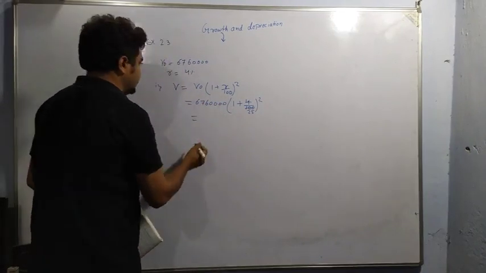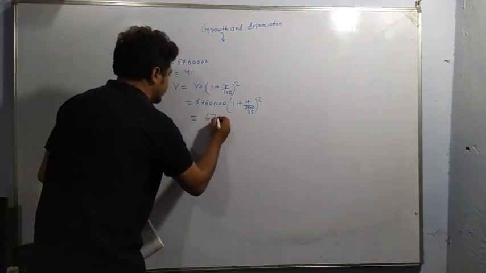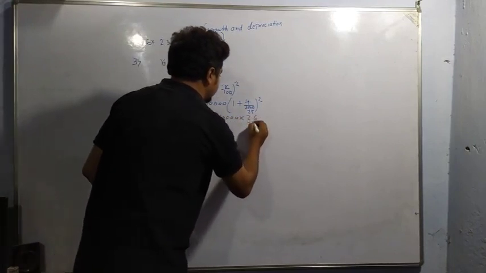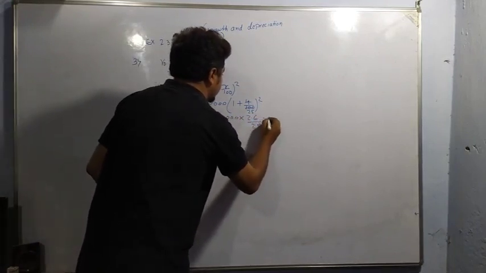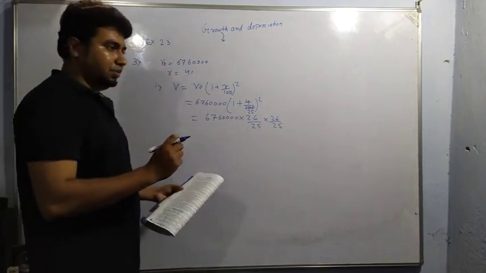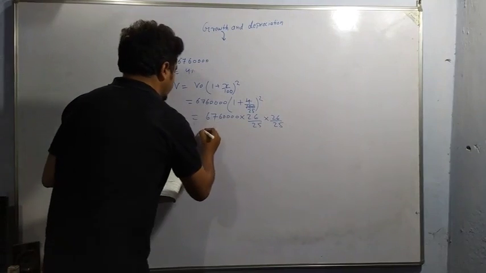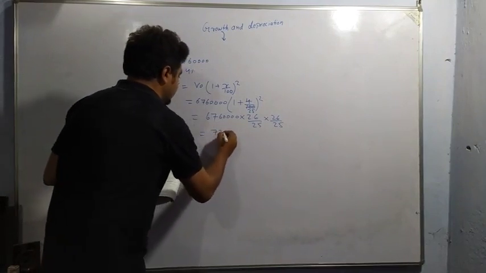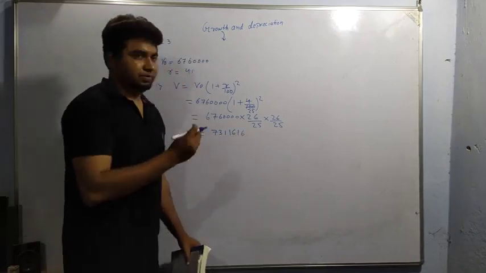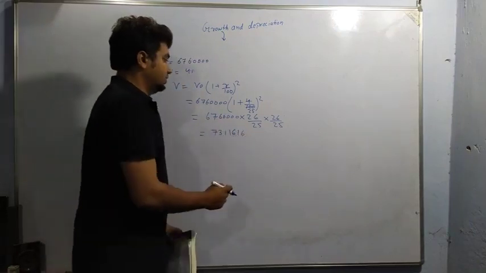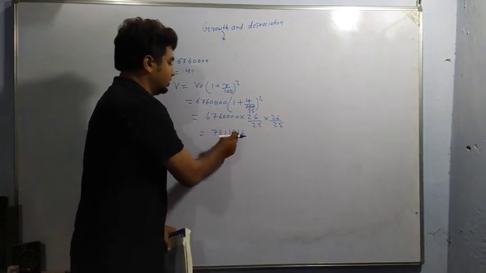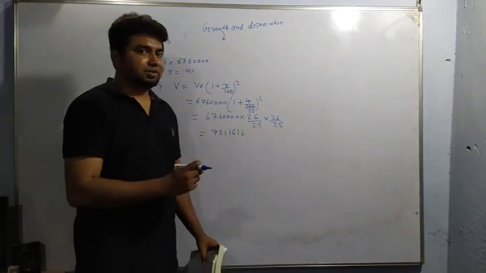We are getting 676 into 26 by 25 into 26 by 25. If we calculate this value, we will be getting 7311616 after calculation. So we can get 73 lakh 11,616. So this is the first part.